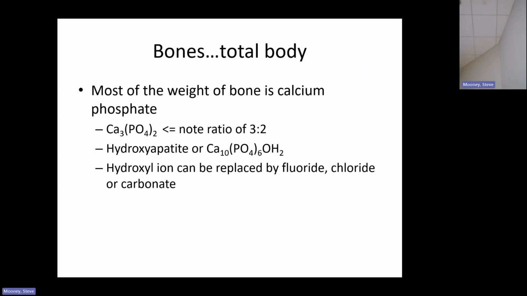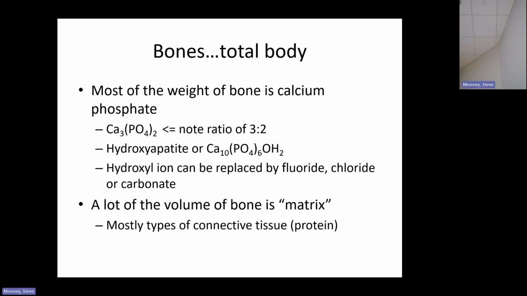So the hydroxyapatite is going to be the dominant mineral that you're going to find in bones, followed by the replacement, the calcium carbonate, replacing one of these with a carbonate CO3 molecule. That's going to be somewhere in that 10 to 20%, depending on where we are in the life cycle.